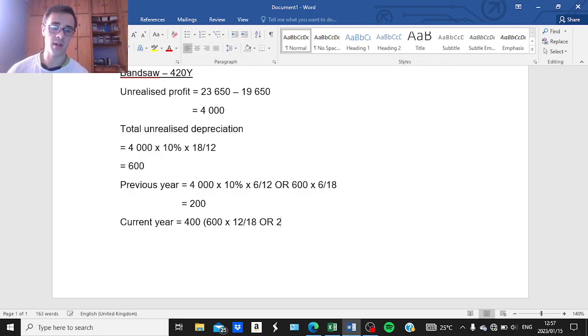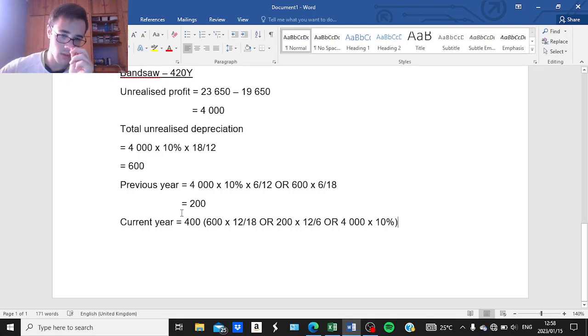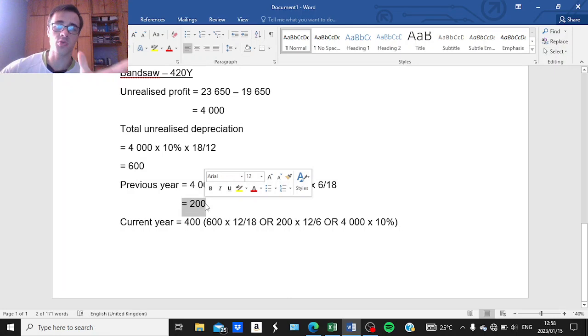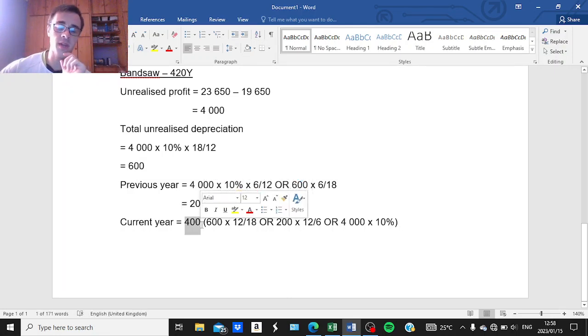Or we can take the amount for the previous year multiplied by 12 over 6, or just multiplied by 2. And the final alternative is taking the unrealized profit of 4,000 Rand multiplied by 10% times 12 over 12, which is just 1. You will arrive at 600 Rand in total. The previous year is 200 Rand and 400 Rand relates to the current year.